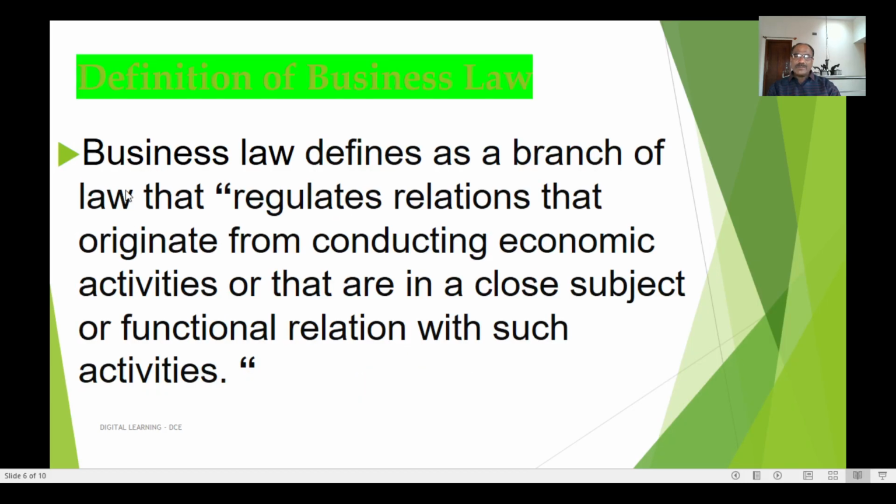With the help of the definitions, we understand the definition of business law, and how business law regulates business activities. It is also very important for economic activities, and it is one of the most important functional areas for business people.